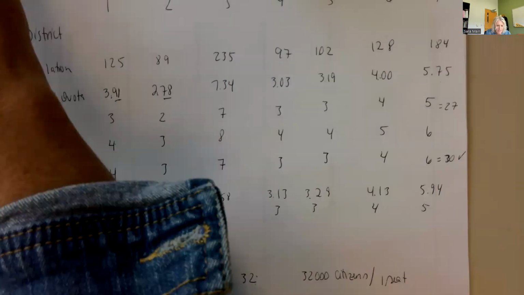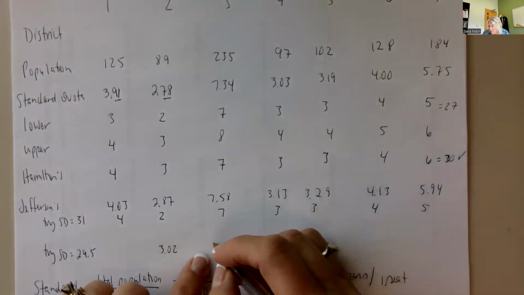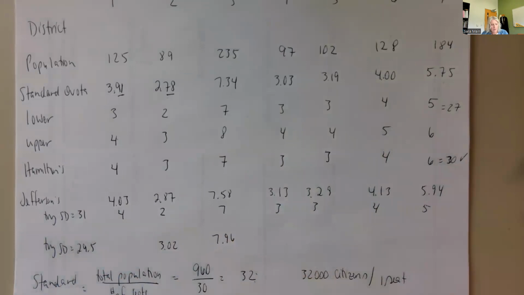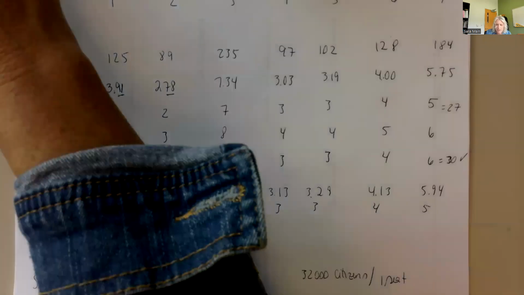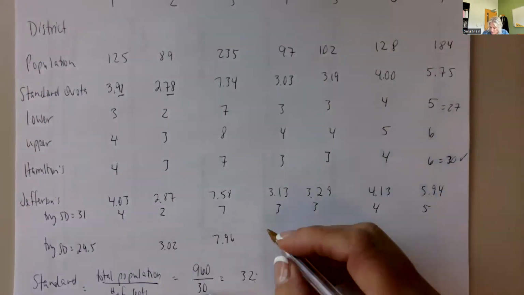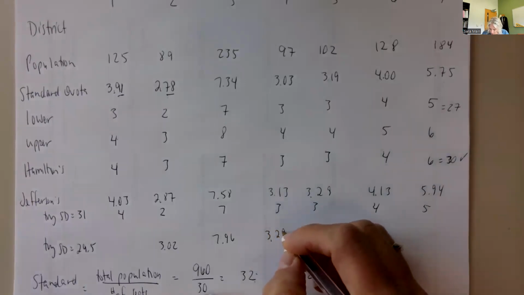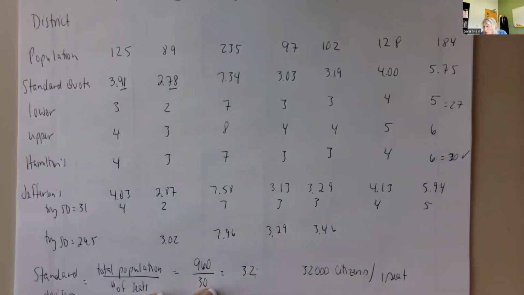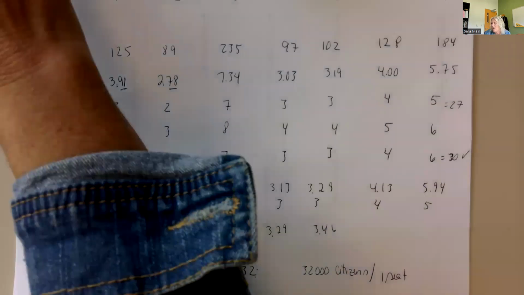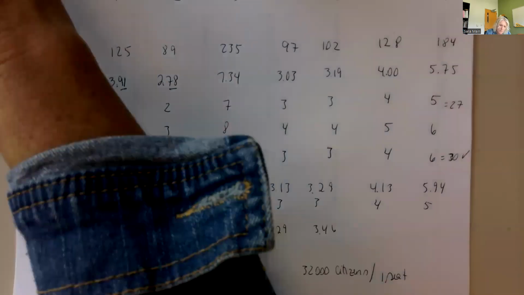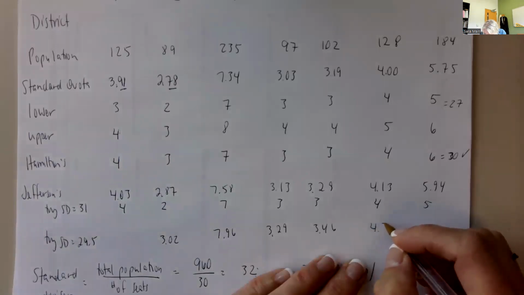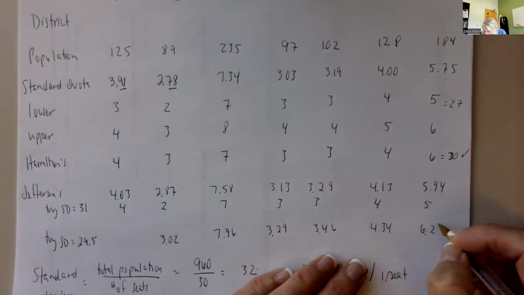This one will still be 7.96. So we'll have 3.29, 3.5, 3.46, 4.34, and then this one will be 6.24.